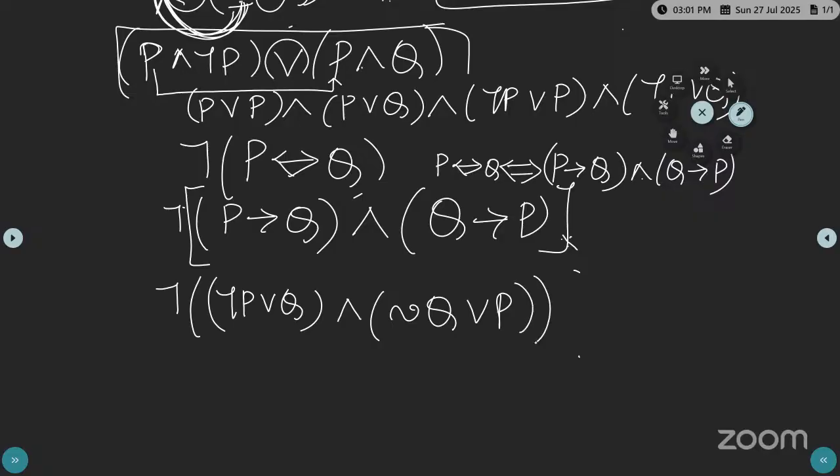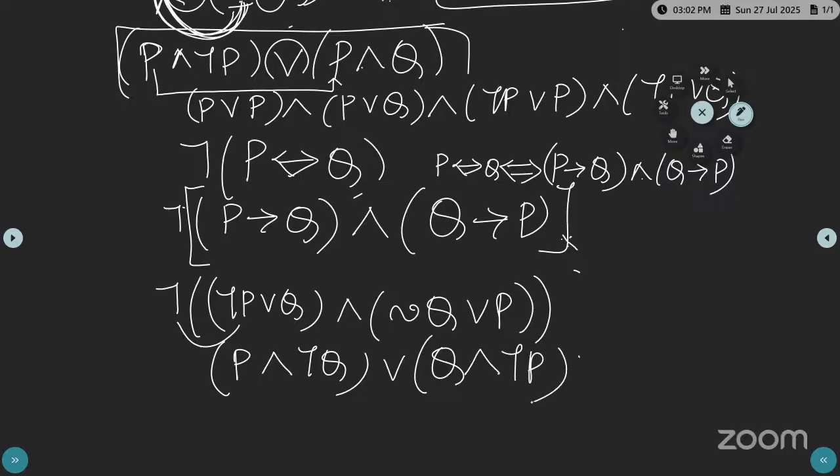Next, what should I do? It is very simple after this. I'm going to distribute this negation here. Negation of OR is AND: P, negation of OR is AND, negation Q. Negation of AND is OR, negation of negation Q is Q, negation of OR is AND, negation P. Did you get it?